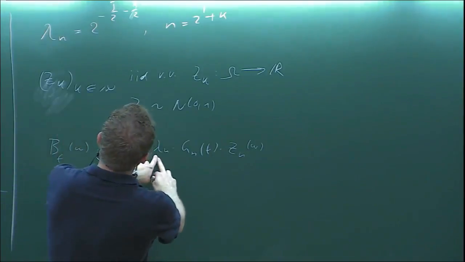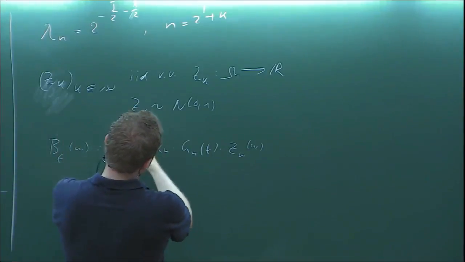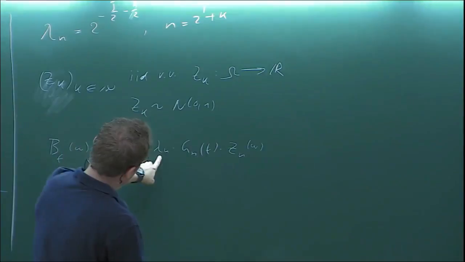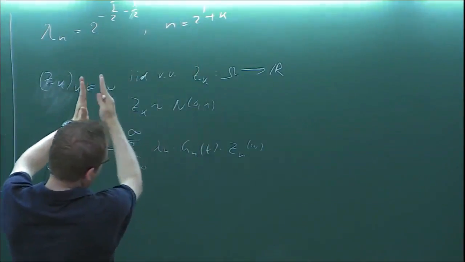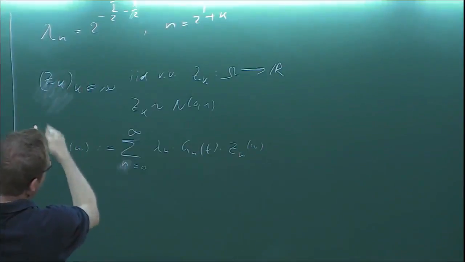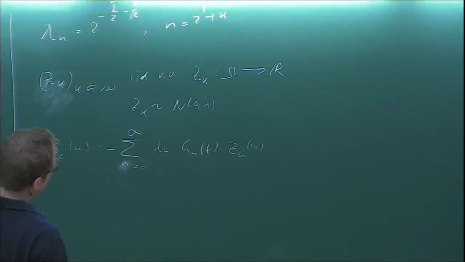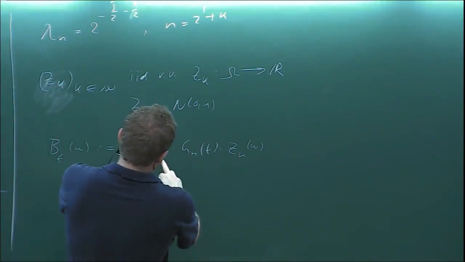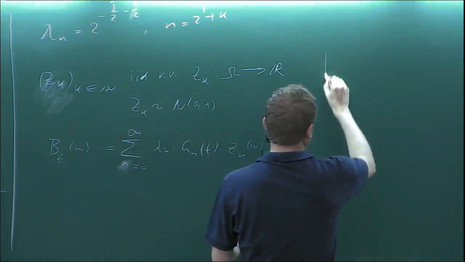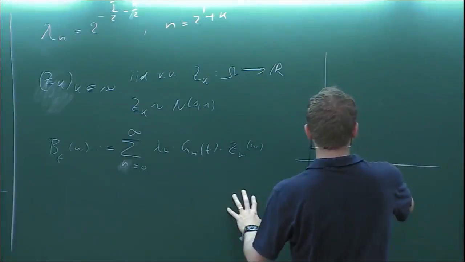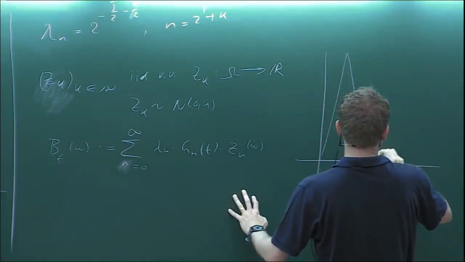So for each generation, for example generation j, this means from 2 to the j until 2 to the j minus 1, we have constant functions here. This means we have, first of all, some value here in the first generation.